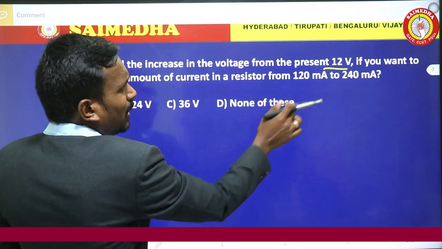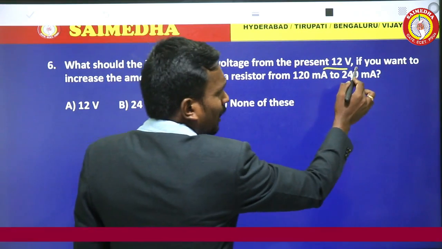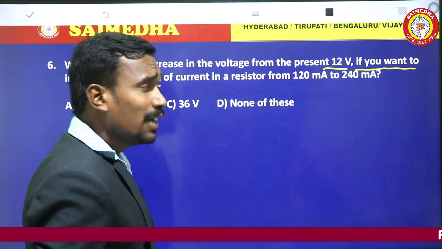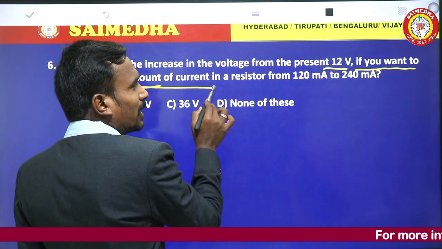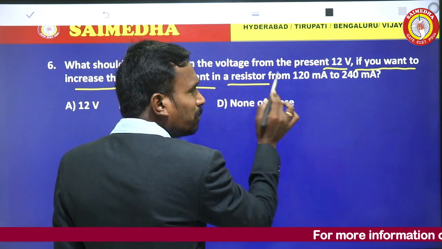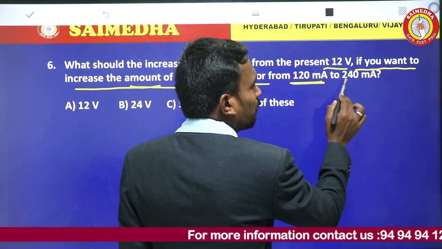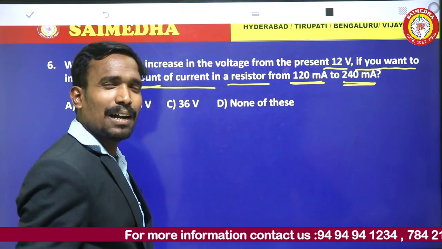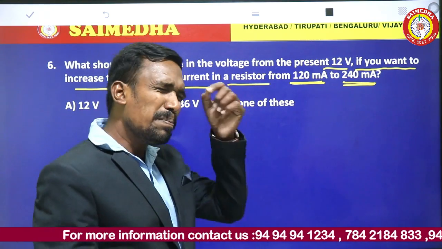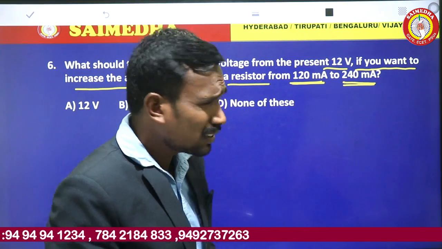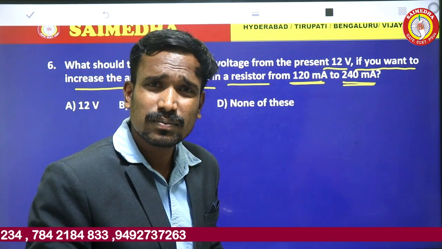See here what they have given: if you want to increase the amount of current in a resistor from 120 milliamperes to 240 milliamperes. This is a basic question in electrical. What is the basic law for electrical? Ohm's law, right? This is the application of Ohm's law.